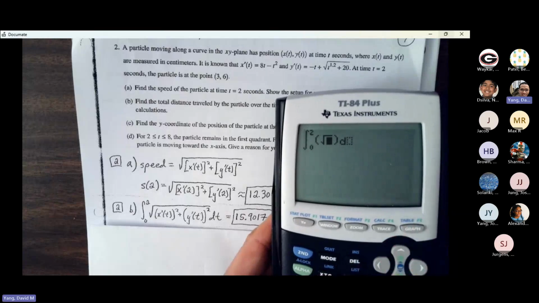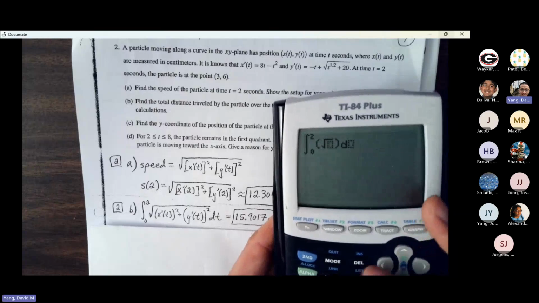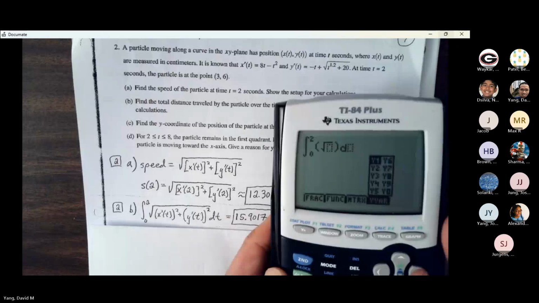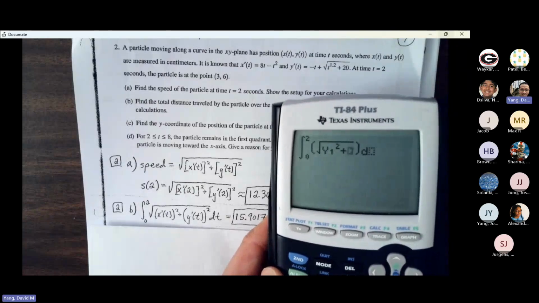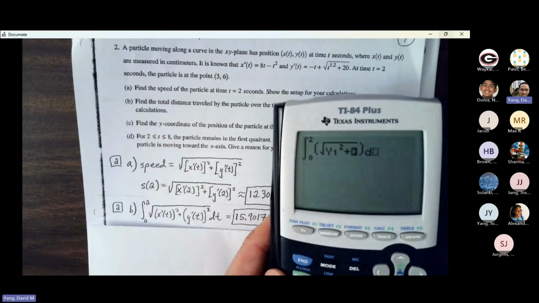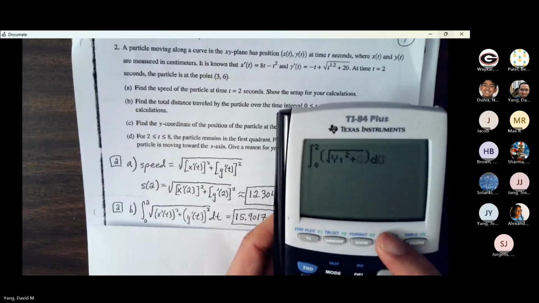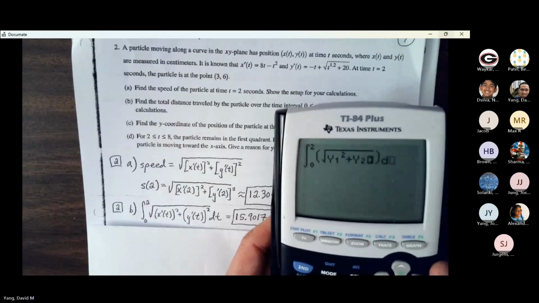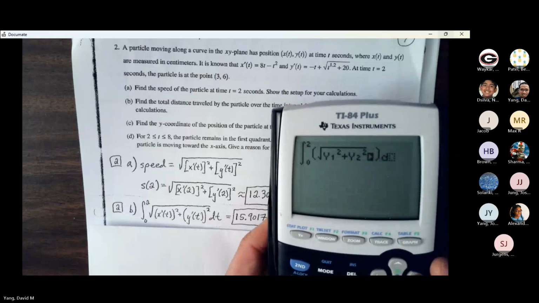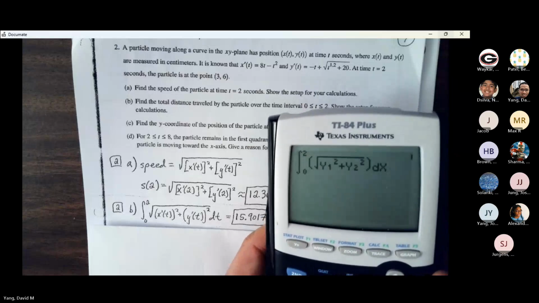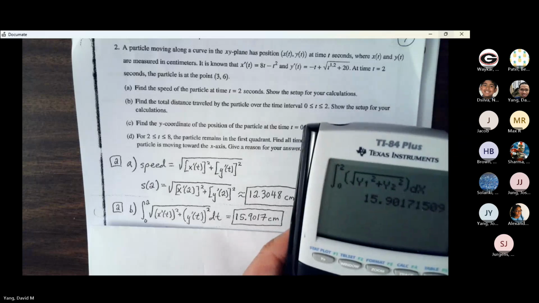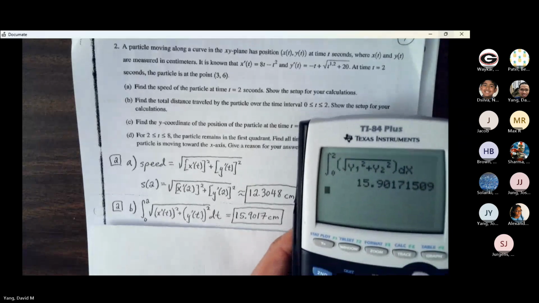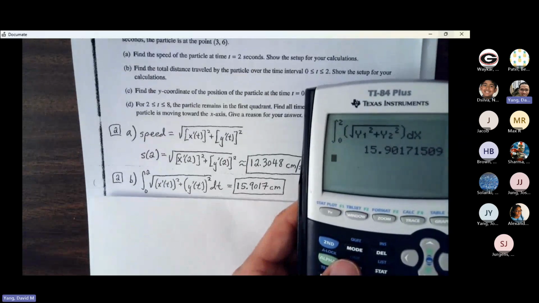So I have x prime stored under y1. Then I have y prime stored under y2. 15.9017 centimeters.